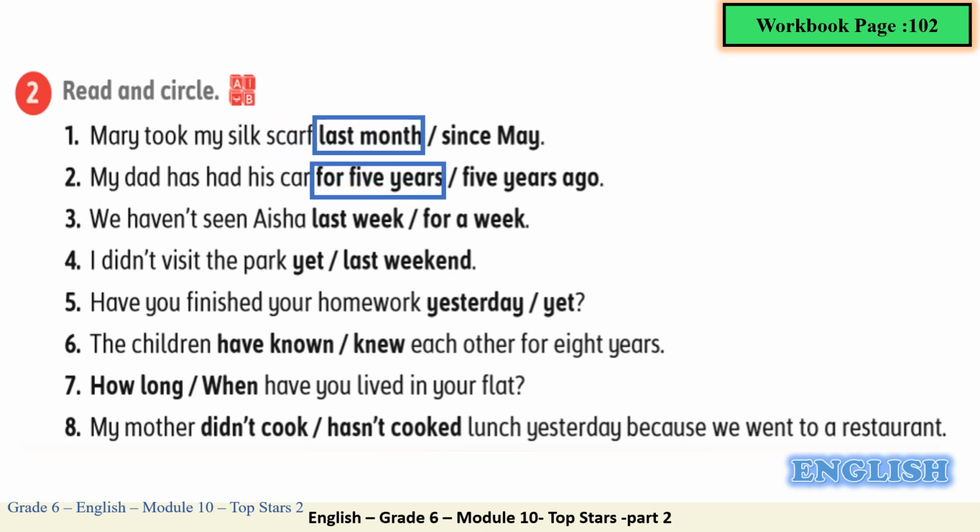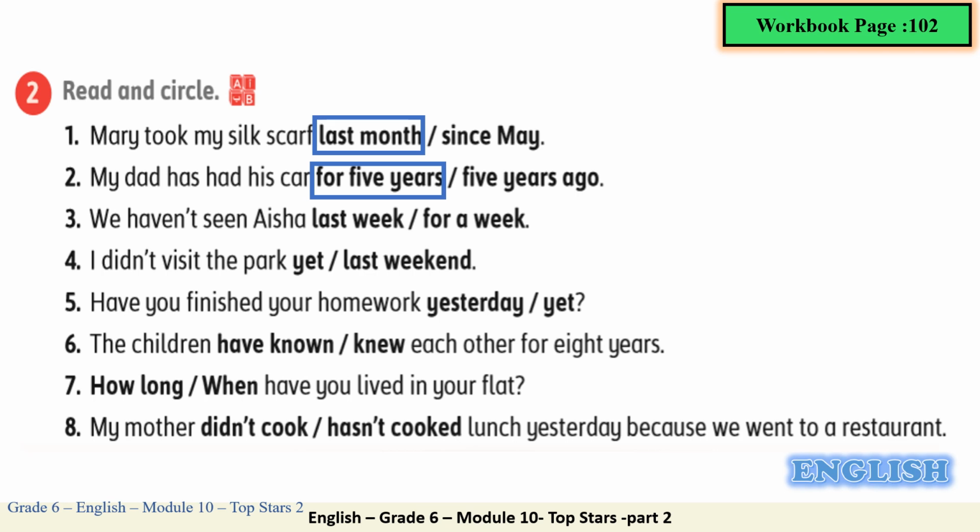Very good. Number 3, we haven't seen Aisha last week or for a week. Here, last week is past simple time expression, and for a week is present perfect simple time expression. So we go back to the verb haven't seen. This is what?